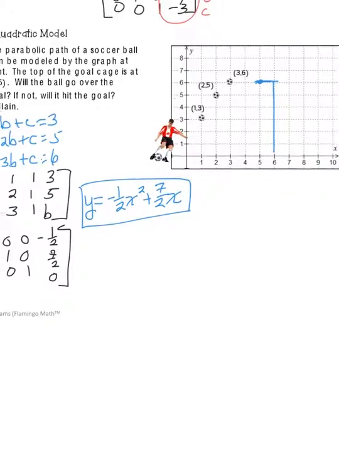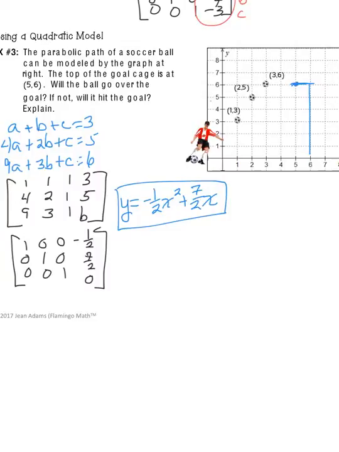And the question says, let me move the question back over a little bit. Will the ball go over the goal? If not, will it hit the goal? So 5, 6. So if I put 5 in for x into here, so you can put this into your y equals, and if I put 5 in for x, my y value will turn out to be 5.